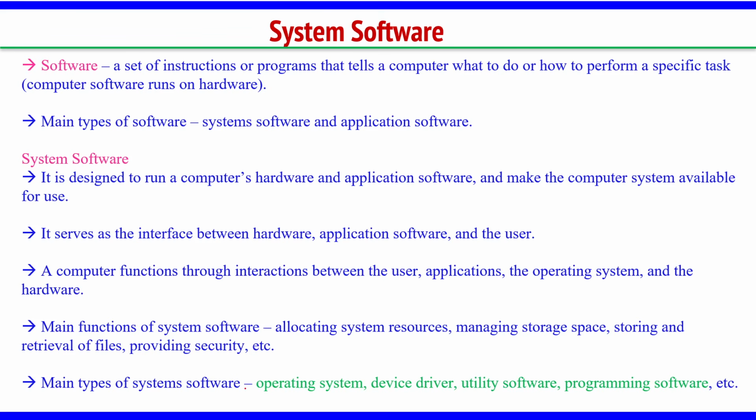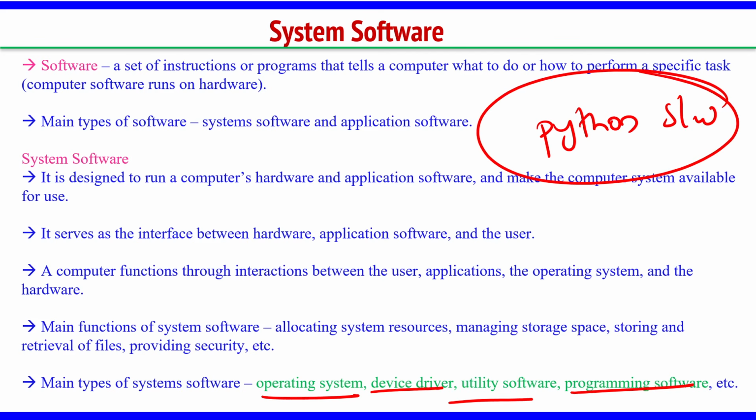One of the examples of system software is OS, device driver, utility software, programming software. Let's say Python. I am having Python. So Python software you have to install. Right. So Python software can be called as a system software. I will install, and once I install this Python software, I can build applications using Python. Those are application softwares.